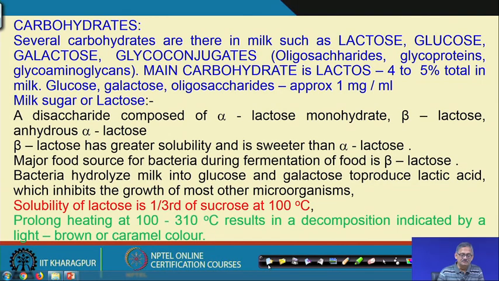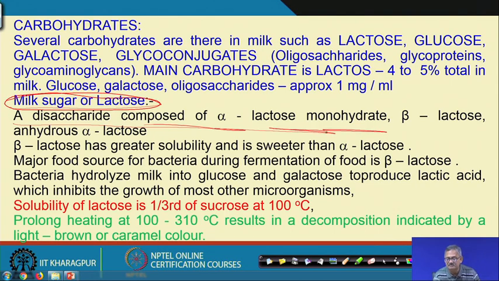So, milk sugar, which we normally know as lactose, is a disaccharide, and it exists as alpha lactose monohydrate, beta lactose and anhydrous alpha lactose.